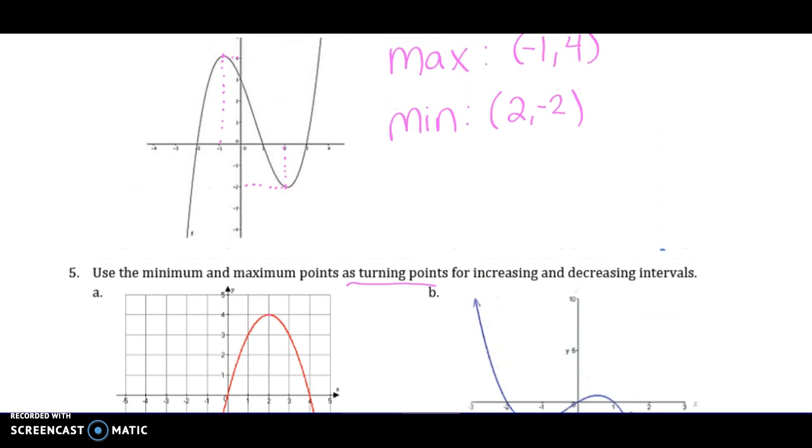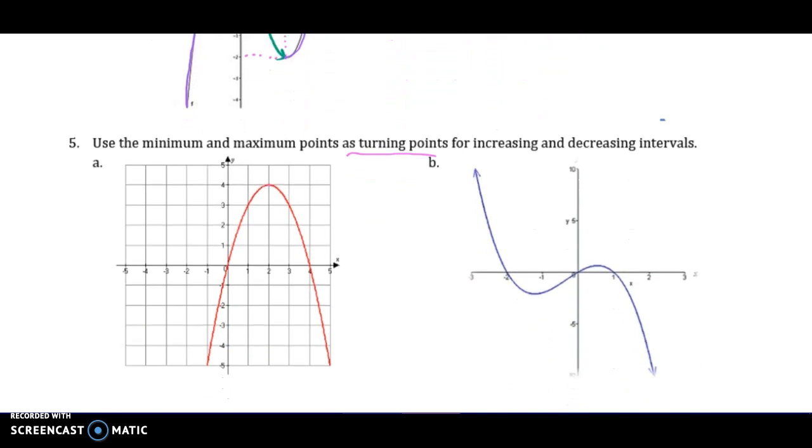If I look back here at this example, you always read our graphs from the left side to the right side, so I'm increasing to that point. Then I am decreasing as I move along from left to right to this point where it turns again, and I am increasing. So that's why they're called turning points. It's where we change direction.